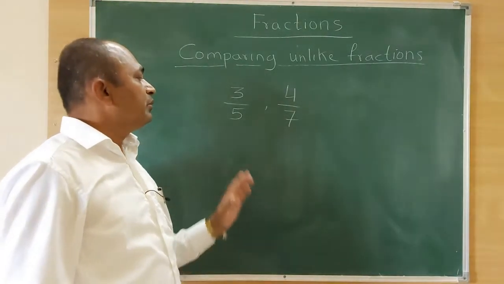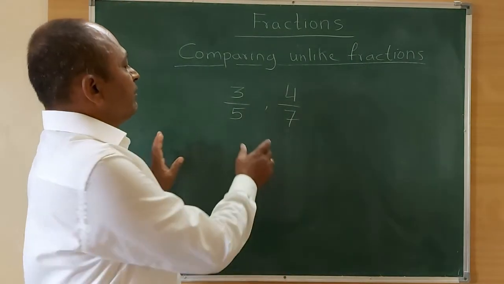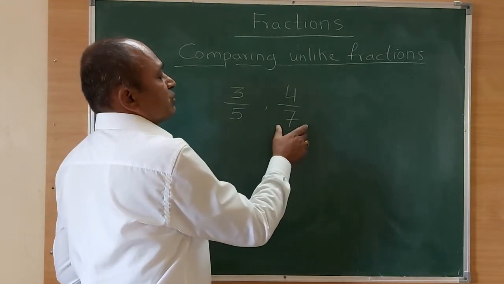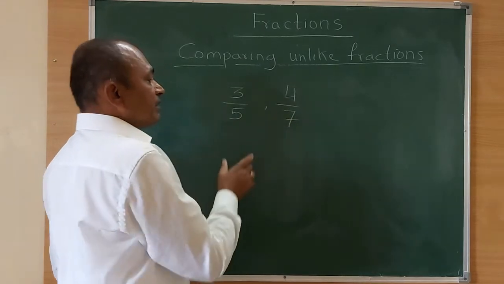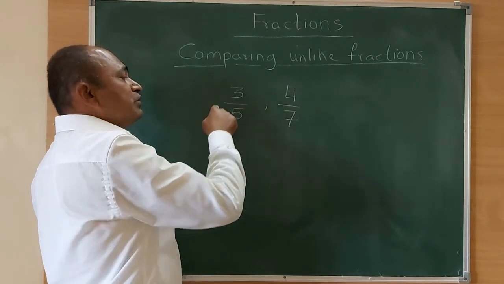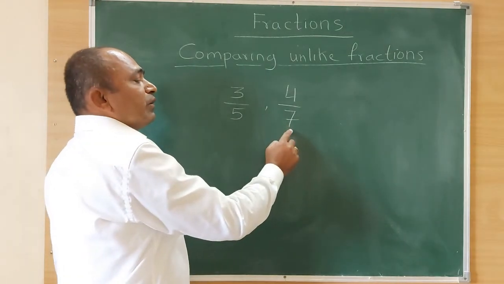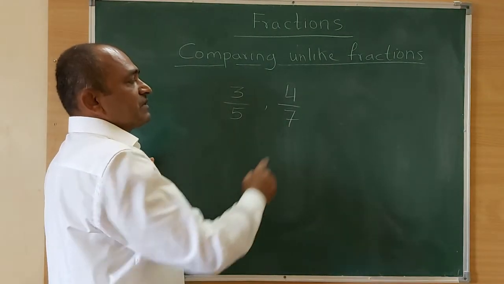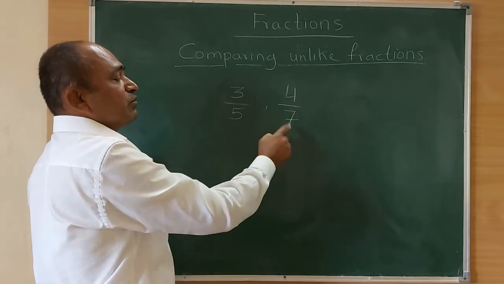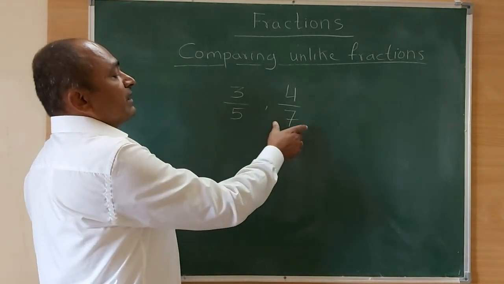We have to convert these two fractions into like fractions, means convert this fraction also into some equivalent fraction whose denominator is equal to the denominator of this fraction. Means both fractions should have same denominators. First we have to convert them into like fractions, and I told you how to convert them into like fractions.